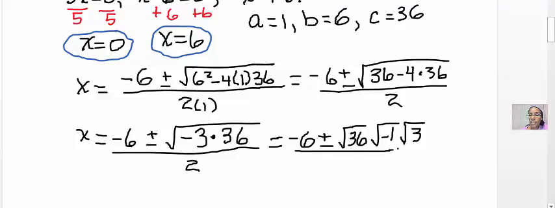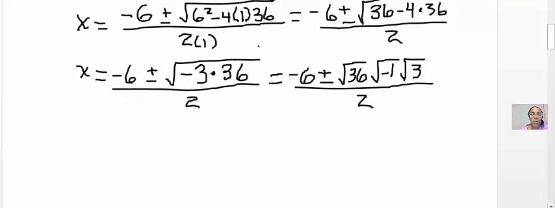These radicands multiply to give negative 3 times 36, so leaving it in that form saved me a little bit of time.